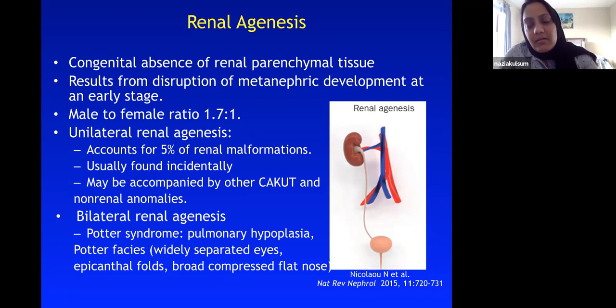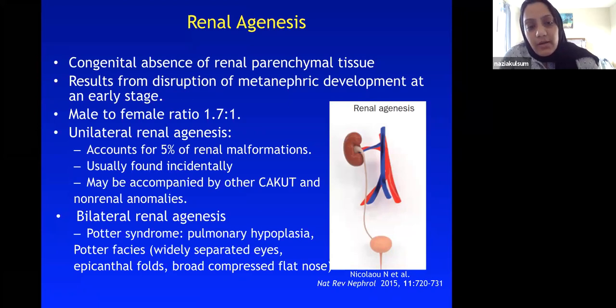Some of these babies are born with fetal demise, or they die immediately after birth. And the reason being, the fetal urine or the amniotic fluid is so essential for your lung development. And these kids have very severe pulmonary hypoplasia. So as soon as they're born, they can have fulminant, very severe pneumothorax, and essentially can die from that.